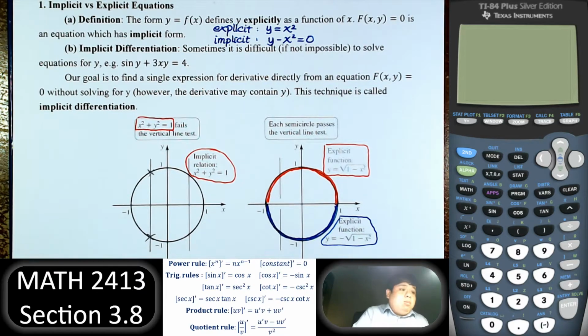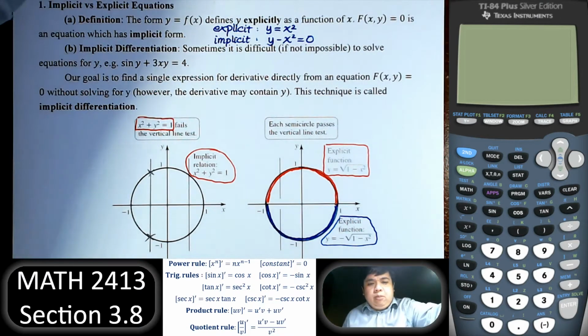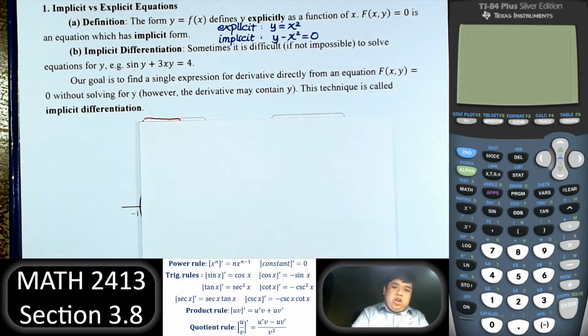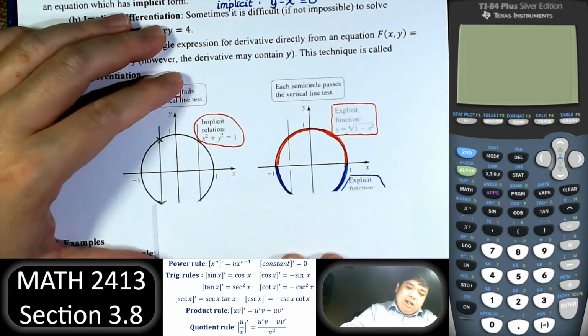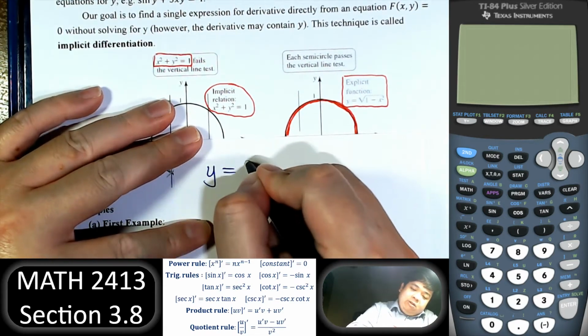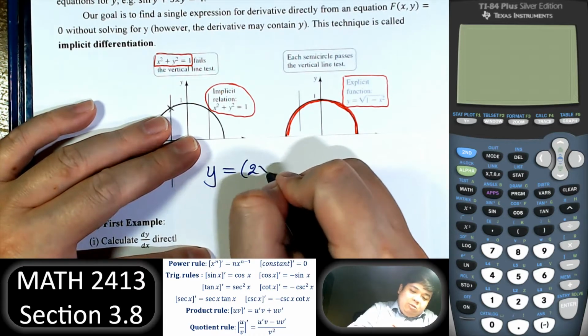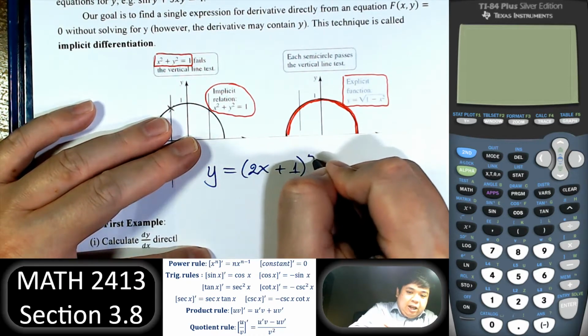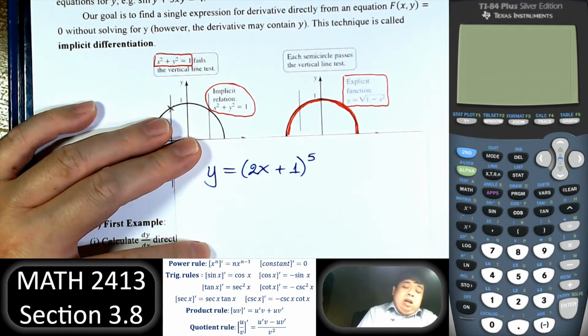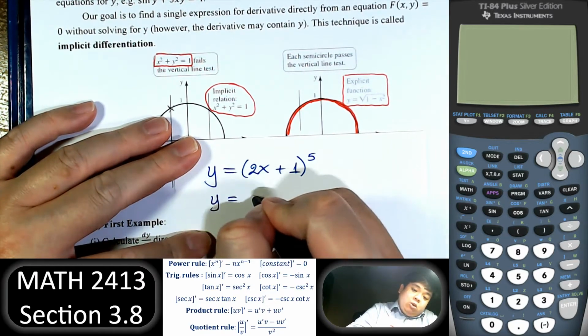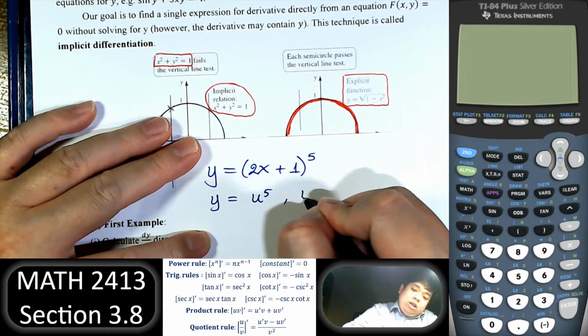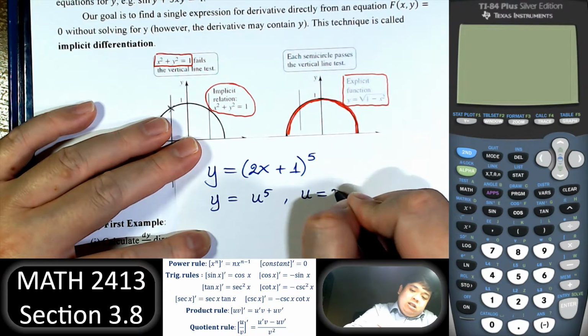In terms of derivative, how do we take derivative implicitly? Implicitly meaning we don't have to solve for y in terms of x. So let's go back to the chain rule. Let's say I want to take the derivative of a very simple function like this. I can say y is equal to u to the fifth, where u is equal to x plus 1.